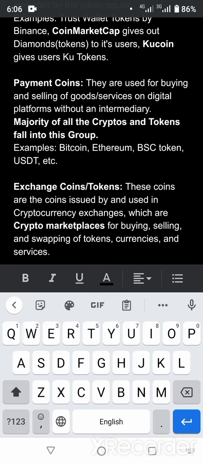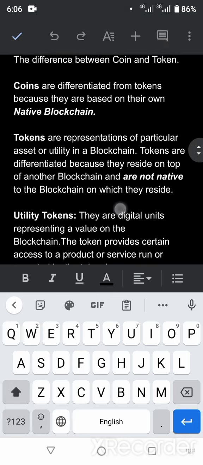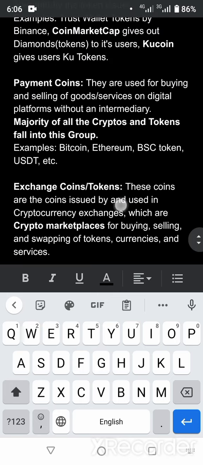Now, most of them are native to, just like I explained earlier in the coins. Many exchange tokens, many exchange coins, are native to the particular blockchain, but they can still be used outside the blockchain where they exist.